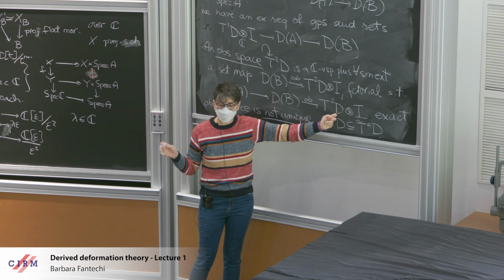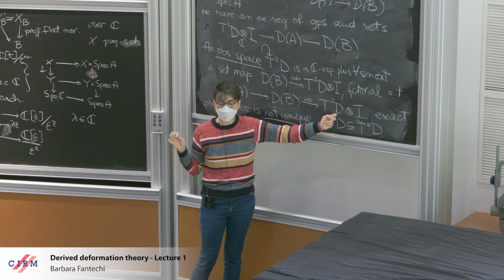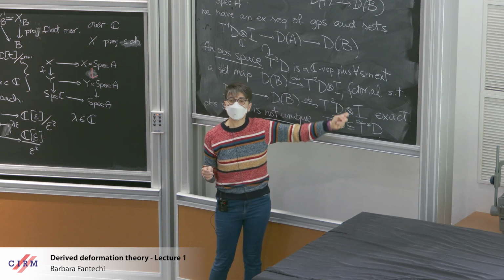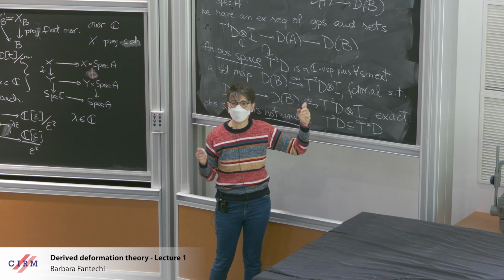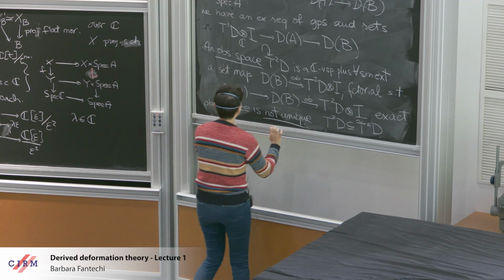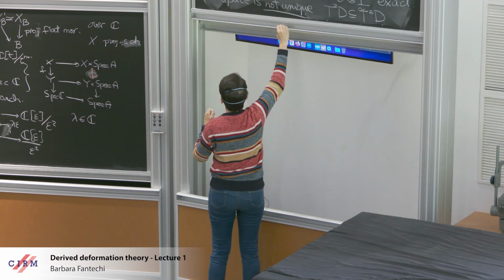If you ask yourself, how is this even a vector space and not just a pointed set, the answer is that the functoriality and the tensor product determine the vector space structure. And so now, the facts.